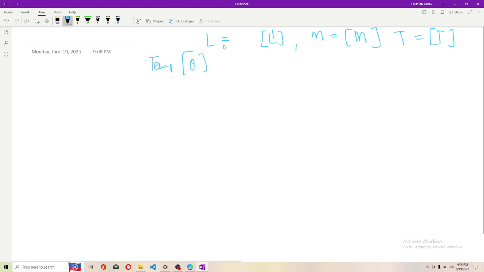Electric current is having I. Then we have Kelvin as the unit of temperature, and then luminous intensity, for which I think there is L or something, you can find it in the textbook.